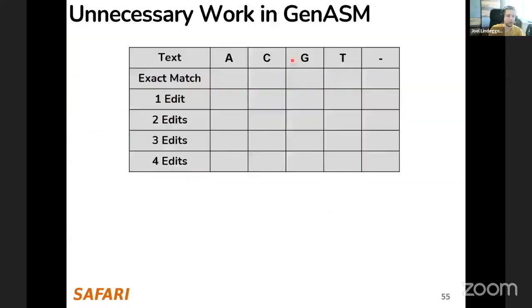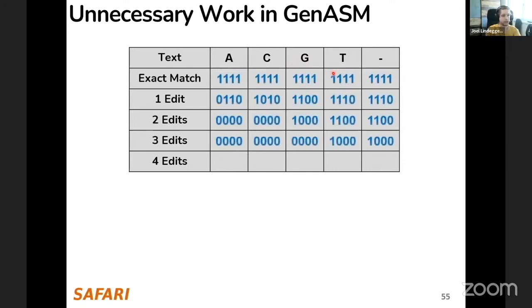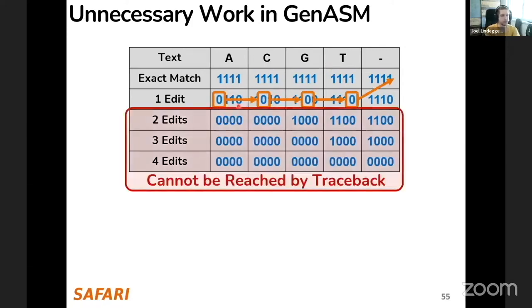Okay, so we observed that there's some unnecessary work in GNASM as well. In particular, if we check this table again, the traceback starts from this first 0 in the leftmost column, and we observe that there's a significant range there that cannot be reached by traceback.